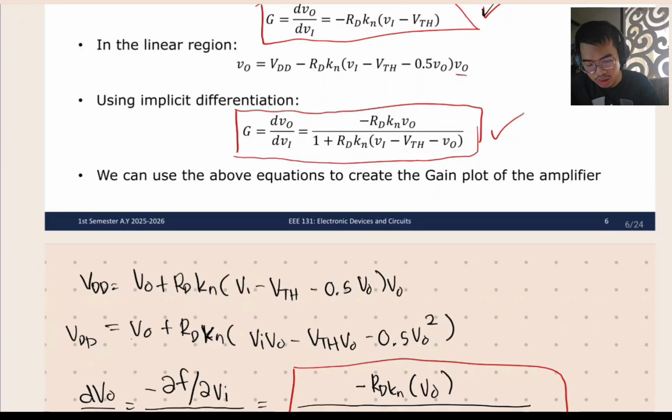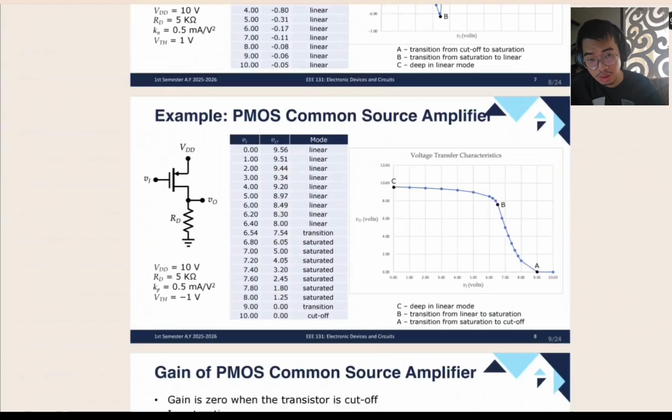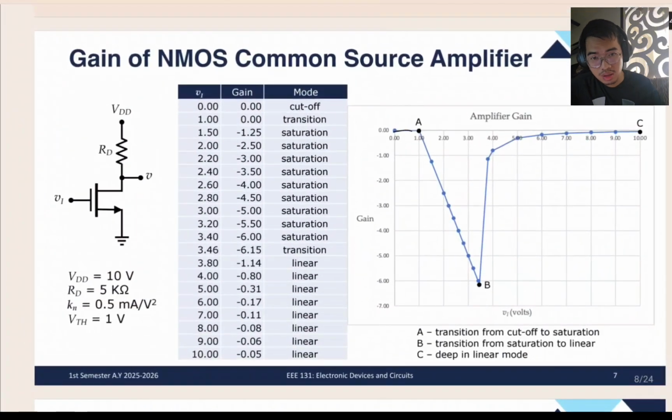So if your signal is large enough, you will actually experience what we call gain compression or gain expansion, in a way that it does not experience gain equally. Okay, so parang mas stretch out yung upper part, and yung baba is mas maliit yung gain na na-experience niya.